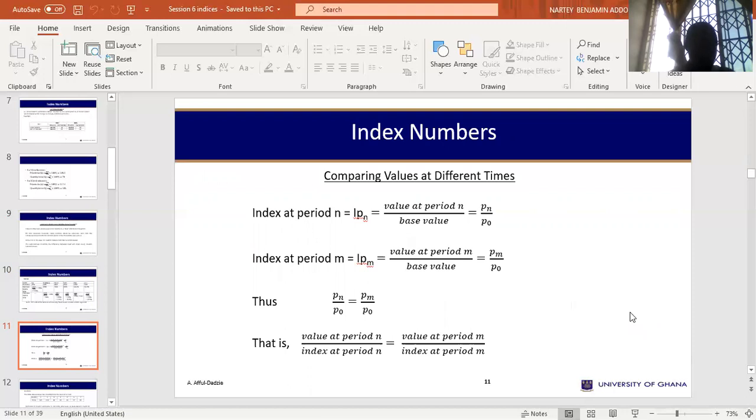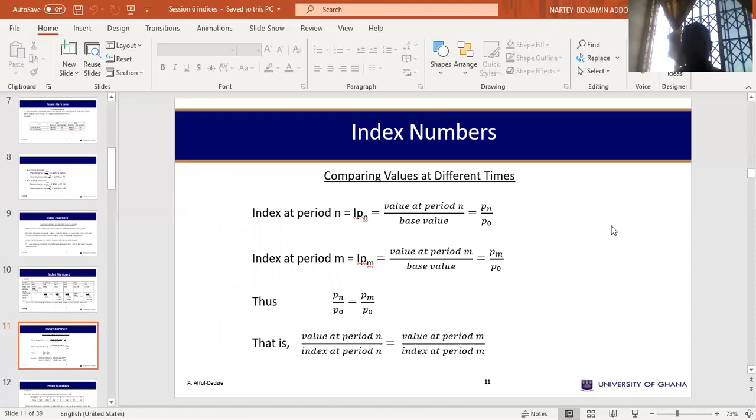Before we go on to the aggregate method, which we'll come to very soon, here we are comparing values at different times. The index at period n, any period, will be IPn, that is the value at period n over the base value.